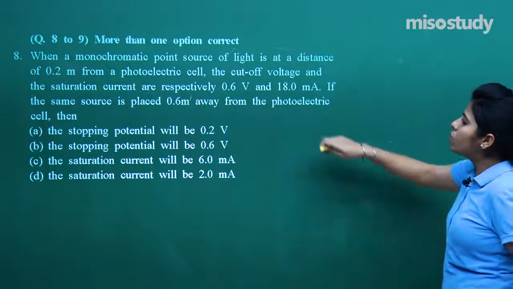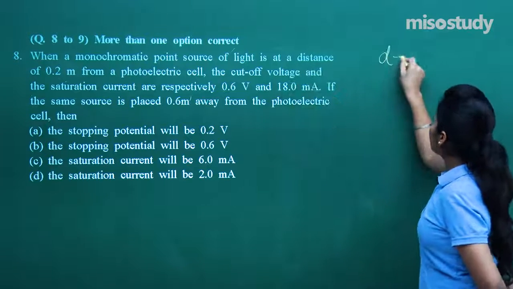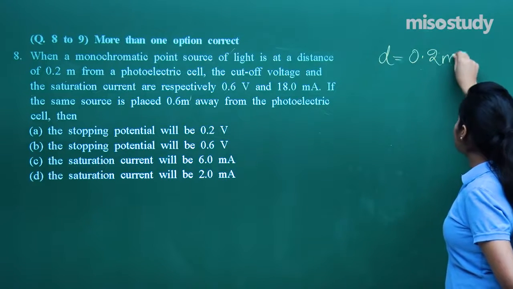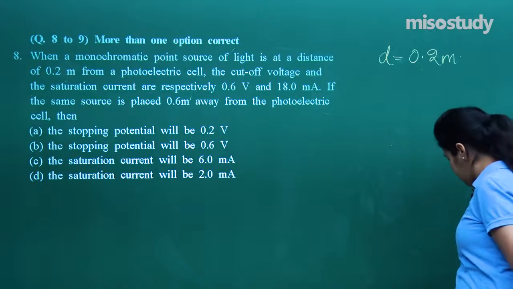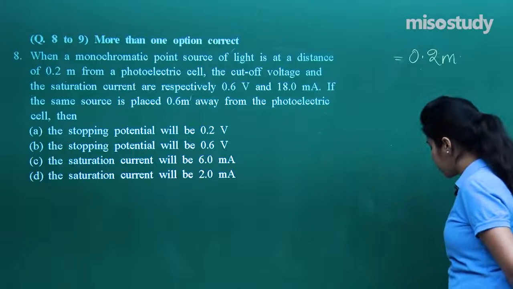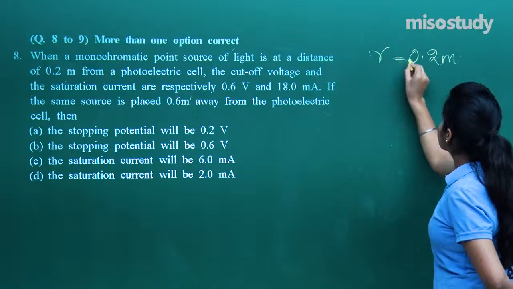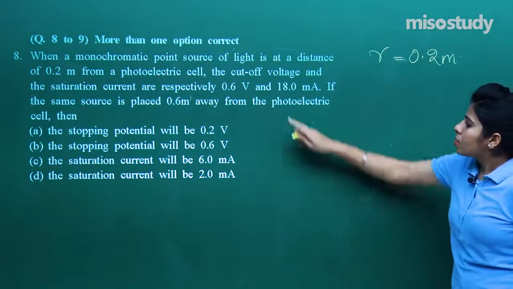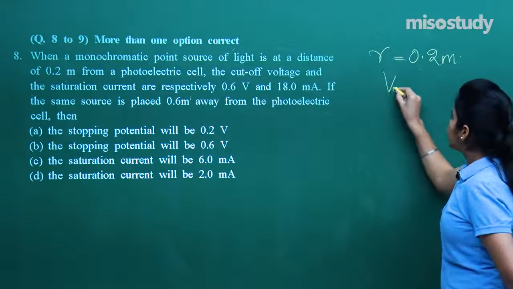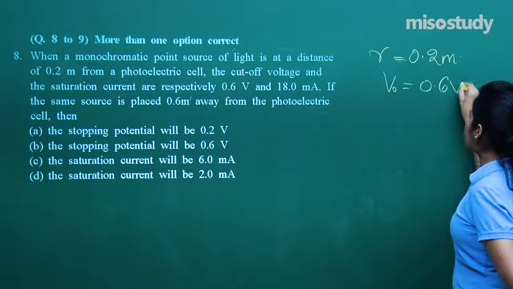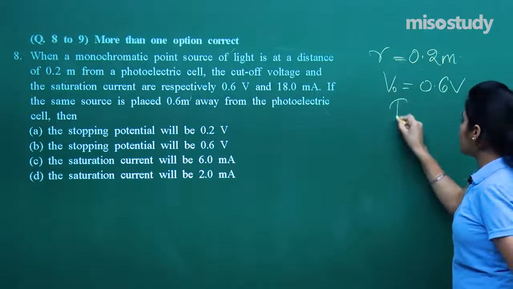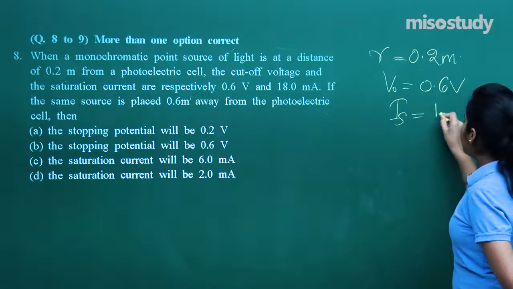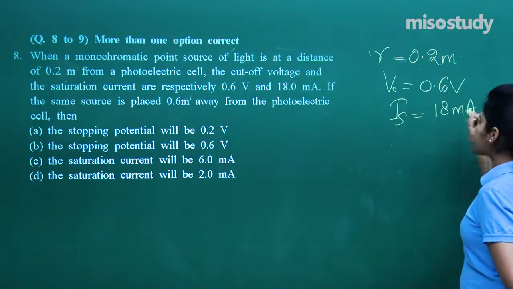Let me write it for you. At a distance of 0.2 meter, the cutoff voltage is 0.6 volt and the saturation current is 18 milliampere.